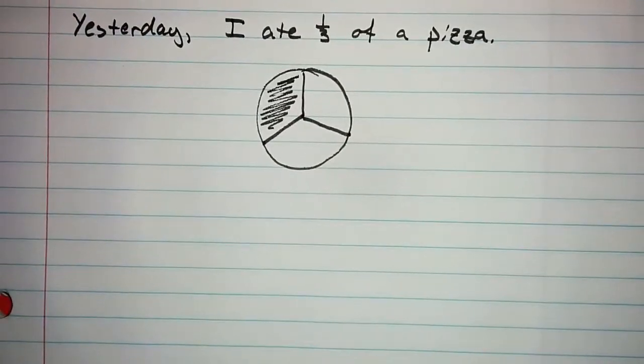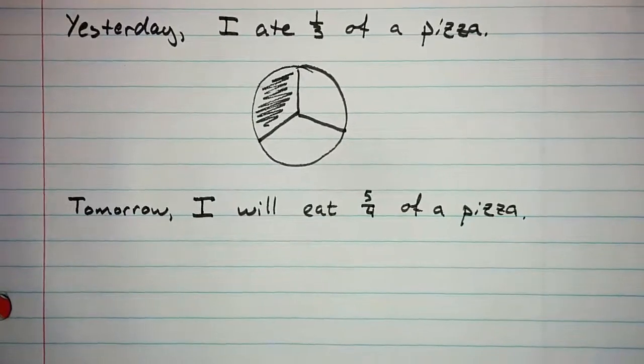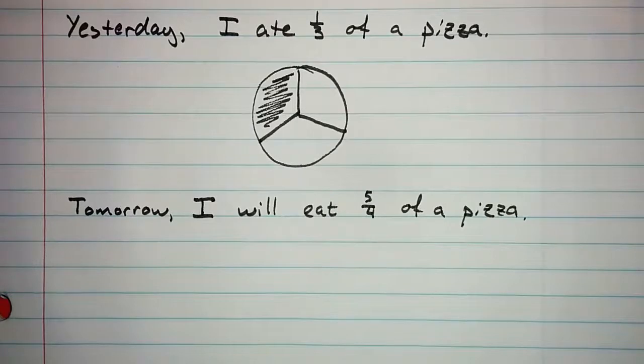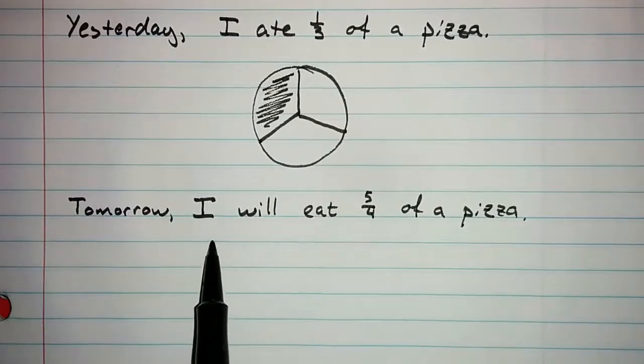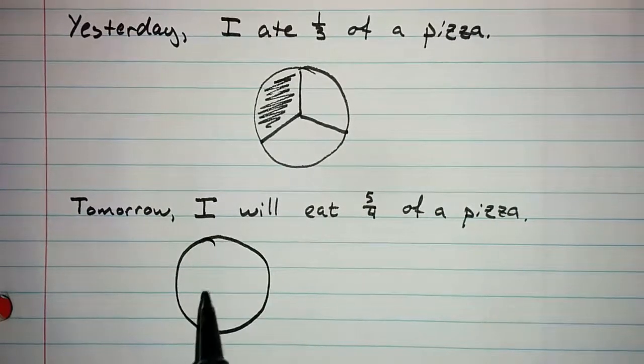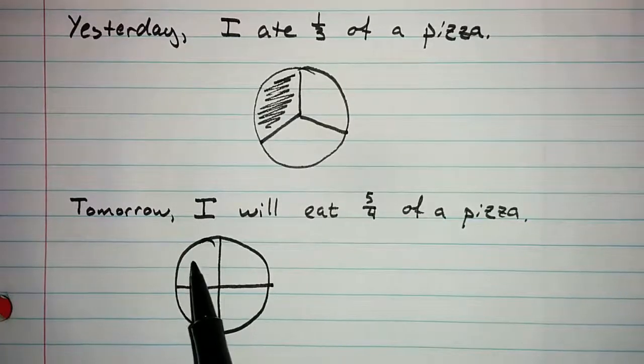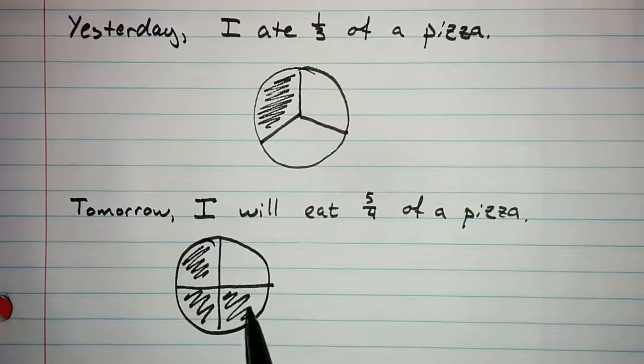I might say, although it would sound strange, that tomorrow I will eat 5/4 of a pizza. What would that mean? Well, to get fourths of a pizza, I take a pizza and I cut it into 4 equal parts. Take 1, 2, 3, 4.